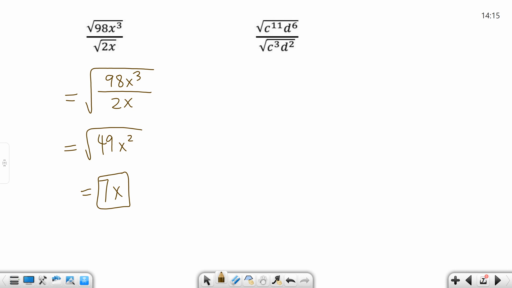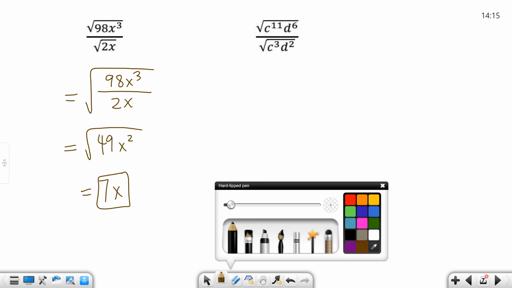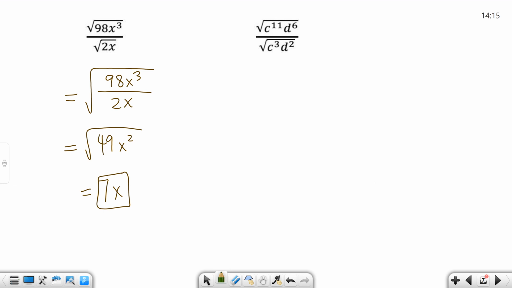Otherwise I would need an absolute value on that x. But here, since I assumed x represented a positive value, and actually on this particular problem, I'm okay because this was under here already, so that restricts the domain of x anyway. x can't be negative or that wouldn't work out. So this problem is actually okay. It works itself out no matter what. Not always the case, but on this one it did.